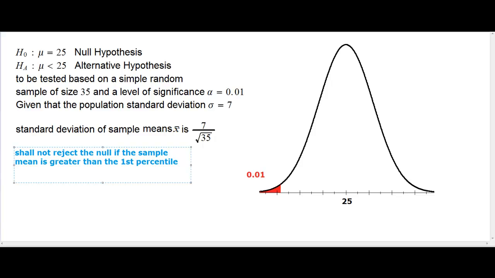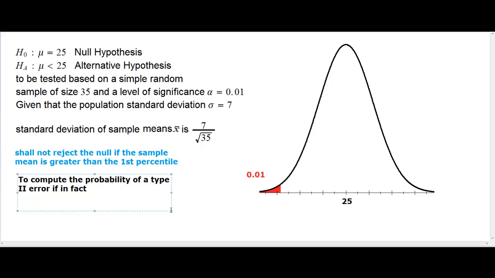Now say our task this time is to compute the probability of type 2 error if in fact the population mean is, say, 20 units.